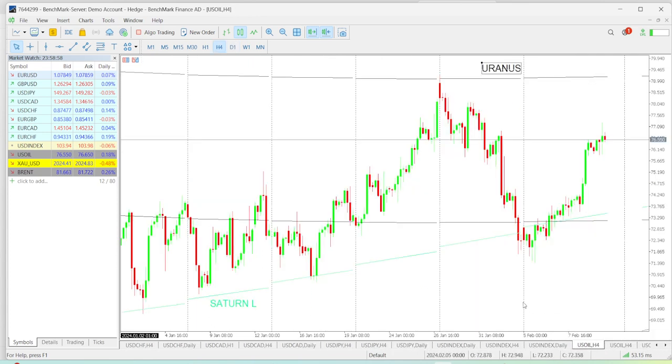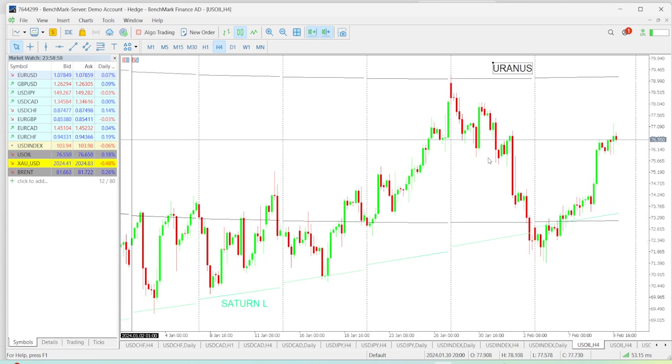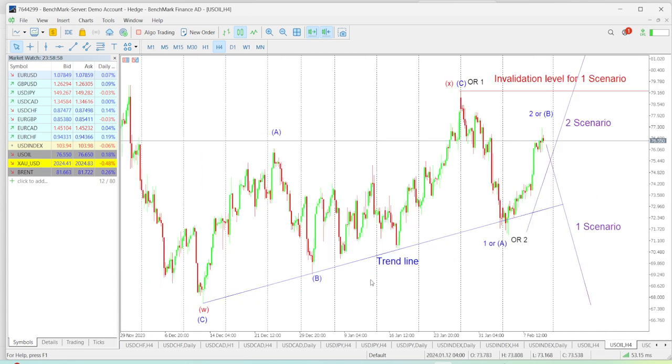The last instrument, US oil. We have already discussed a couple of times this instrument. So in terms of Elliott wave analysis, I saw a trend line here, which tells me that the price, we have a completed wave, first wave or wave A. Maybe it's a wave 2, of course.